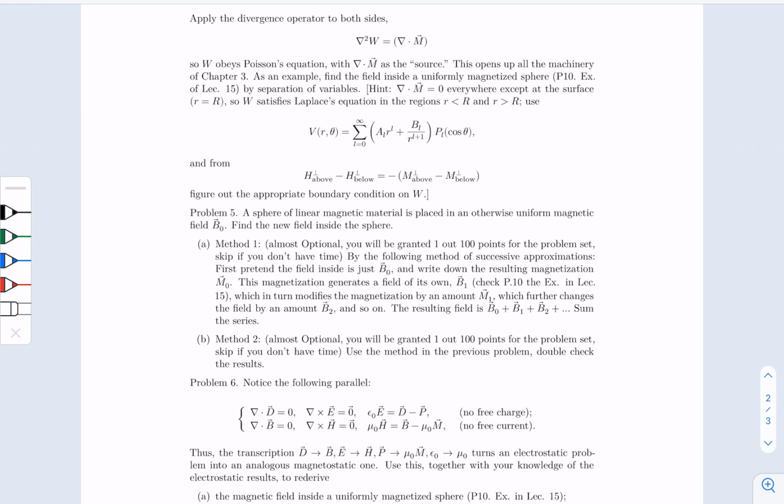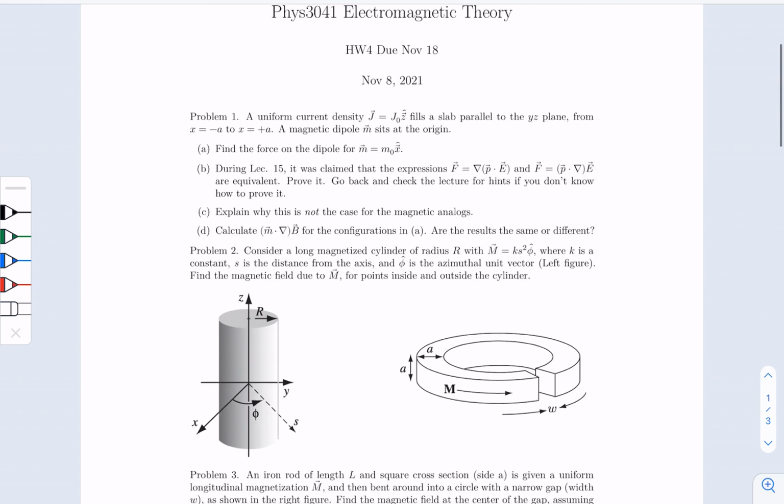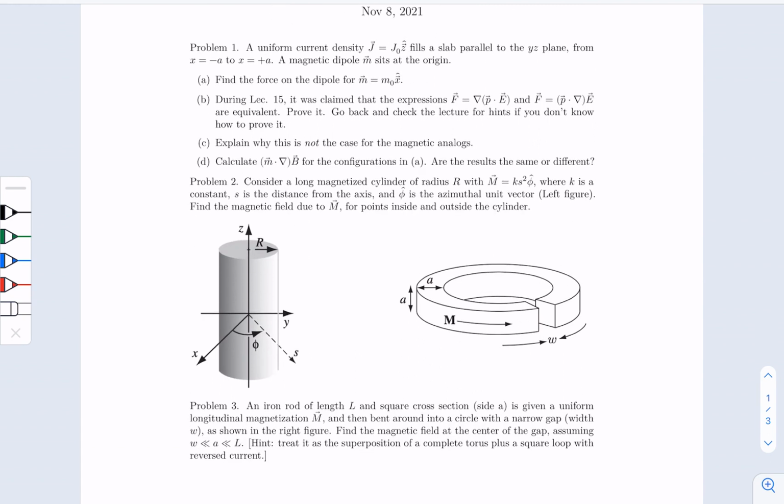So I strongly recommend you finish problems 4 and 5. But if it takes time, then you can put them at the end. There are only 6 problems in this homework set, so this should be a relatively short homework.